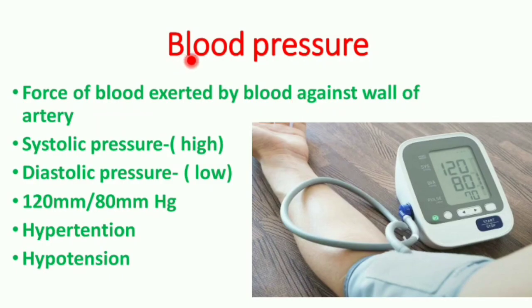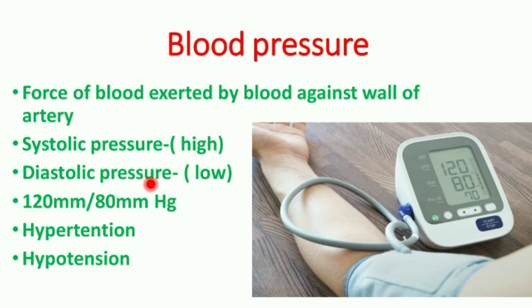Coming to the blood pressure. The force exerted by the blood against the wall of the artery is known as blood pressure. It has systolic pressure and diastolic pressure. Systolic pressure is due to the contraction of the ventricles, which increases the pressure of the blood in the artery. So it is very high, that is 120 mm Hg.